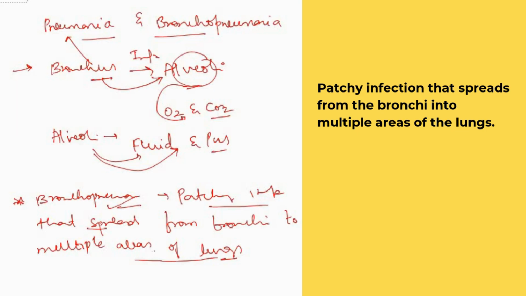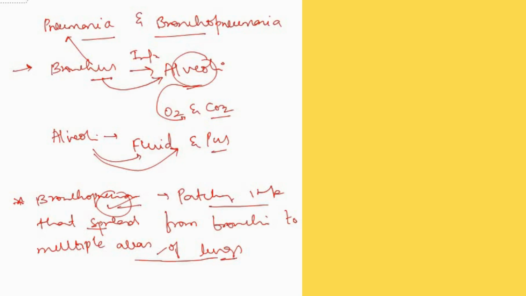Means it may spread to alveoli, it may spread to lung parenchyma. That is called as bronchopneumonia. Pneumonia means it is the inflammation of the alveoli, but in case of bronchopneumonia, infection spreads beyond alveoli. Basically, bronchopneumonia is the combination of bronchitis and pneumonia.